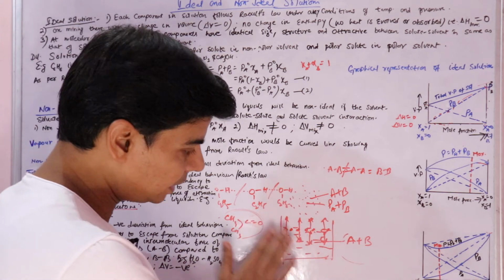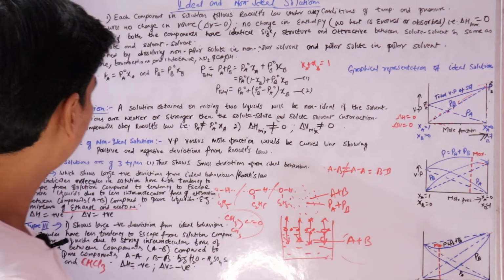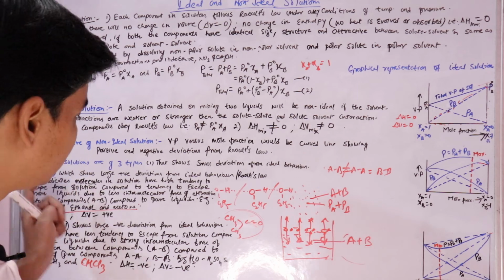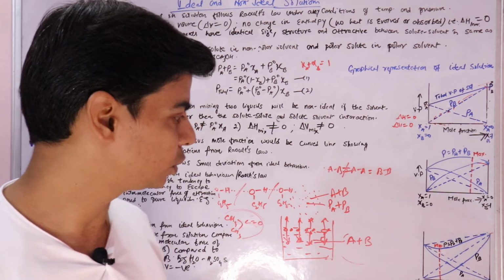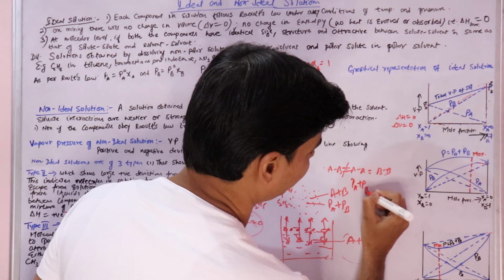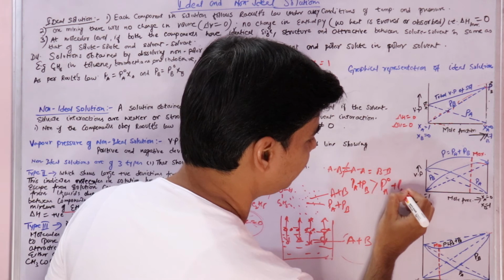So this is the ideal case. Now, we said that in case of type 2 solutions, it shows positive deviations. Positive deviation means the vapor pressure of the non-ideal liquids, ethanol and acetone, would be greater than PA0 plus PB0.